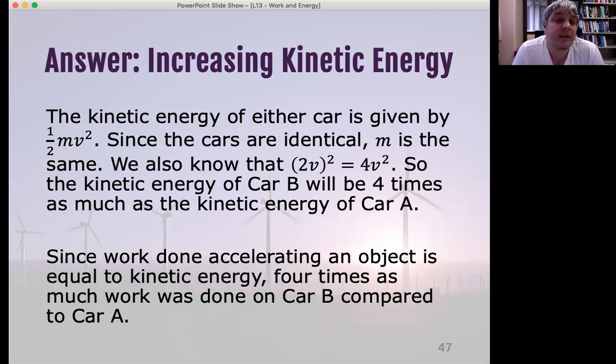So that means the kinetic energy of car B will be 4 times as much as the kinetic energy of car A. And according to the work energy theorem, the work done to accelerate the object is just equal to its change in kinetic energy. And since we're assuming from rest, the change in kinetic energy is going from 0 up to its final, therefore 4 times as much work was done on car B compared to car A.